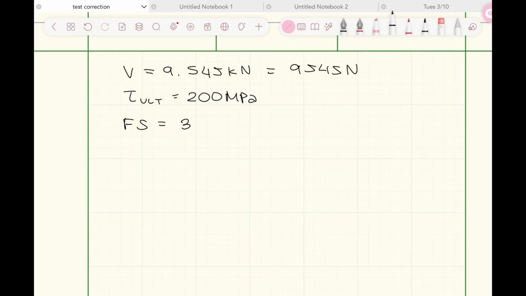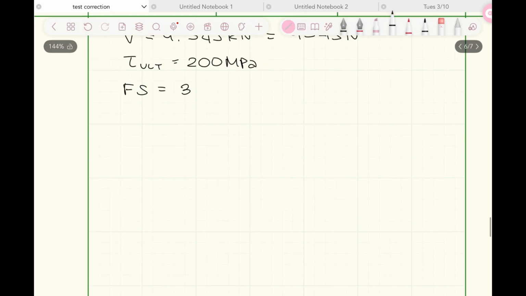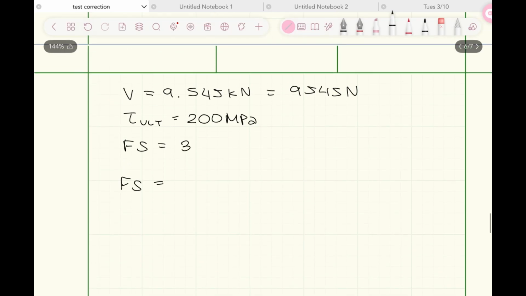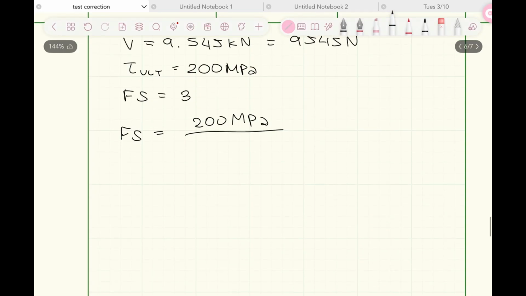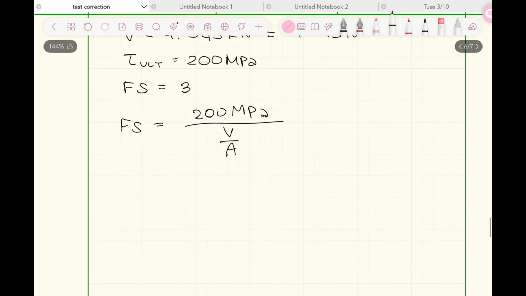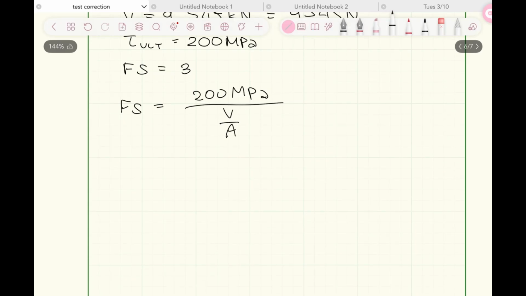So factor of safety, we could say that it's the ultimate stress over the actual stress. So we're already given the ultimate stress here. So that's 200 megapascals over our actual stress, which is V over A for our area. Our area is not provided, so that's what we're solving for.